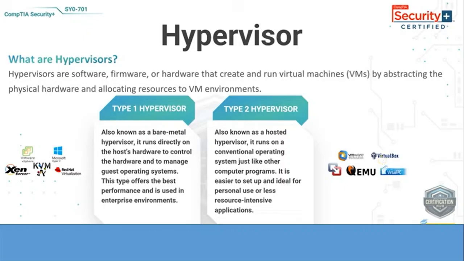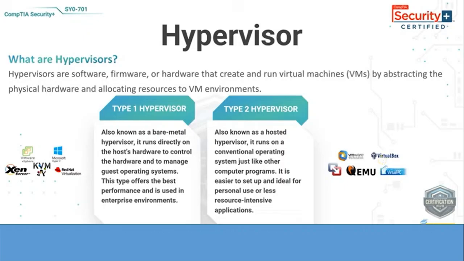Here we have two types of hypervisors, type 1 and type 2. Type 1, also known as a bare metal hypervisor, runs directly on the host hardware to control the hardware and to manage guest operating systems. This type offers the best performance and is used in enterprise environments.